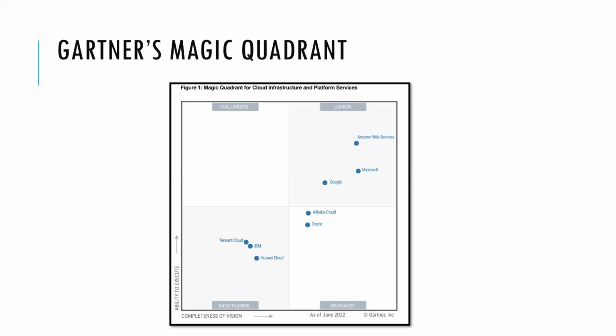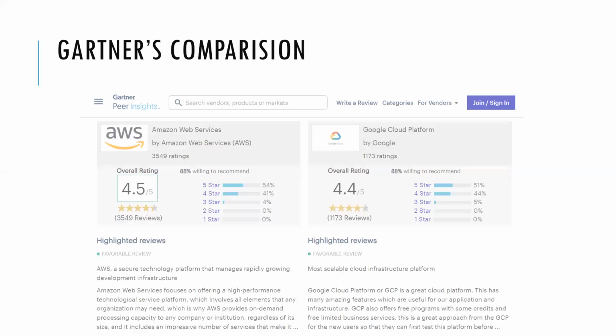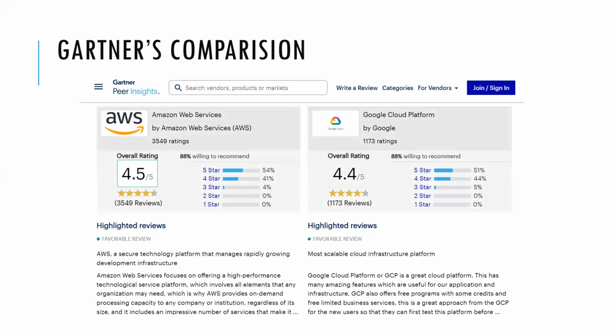AWS, Microsoft Azure, and Google are the leaders in this, and slowly Google is picking up in the recent past. This is also a view of the comparison and the overall rating from Gartner. It is also favorable for Google Cloud Platform for its infra, especially, and also on the pricing part.